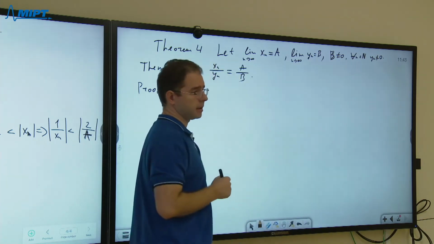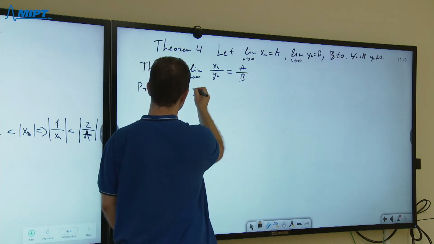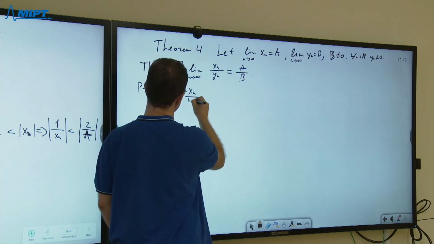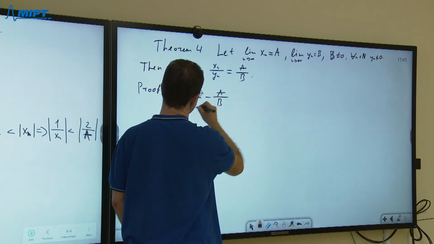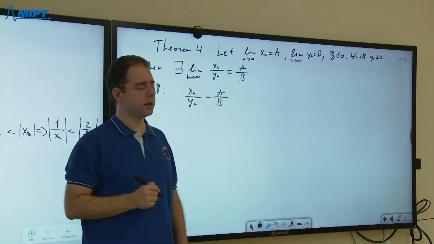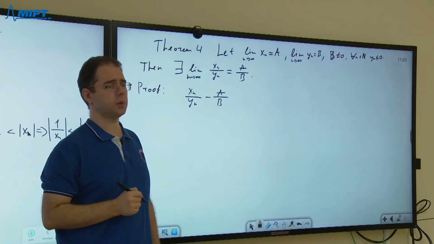So once again, I'm considering an expression xn divided by yn minus a divided by b. I want to prove that this is an infinitely small sequence.